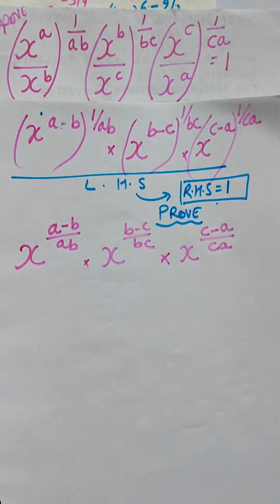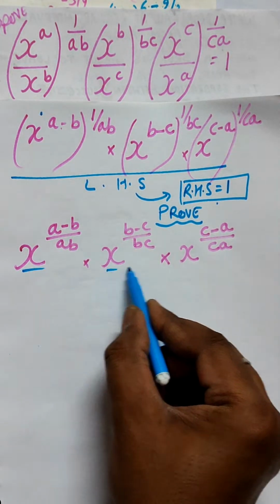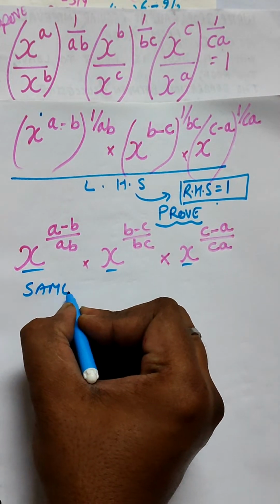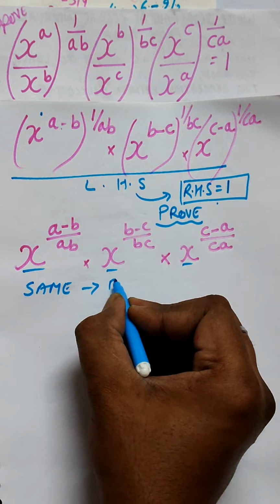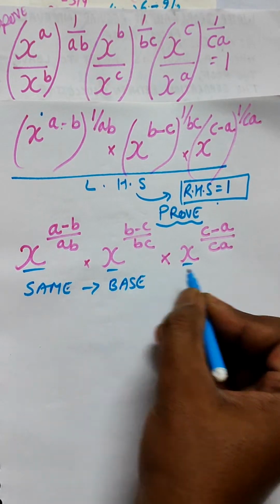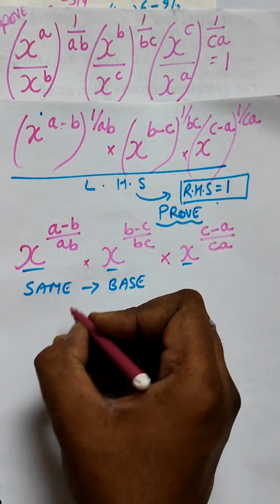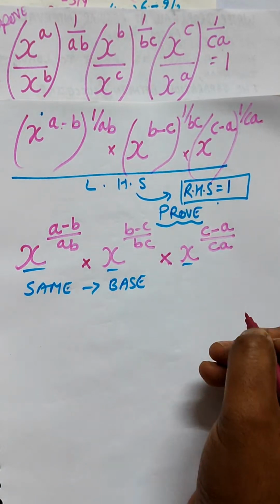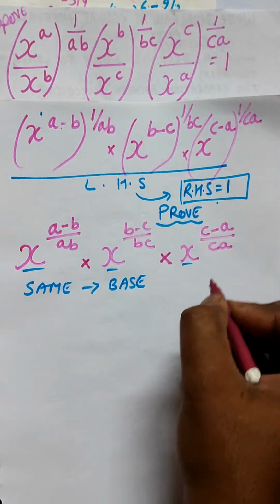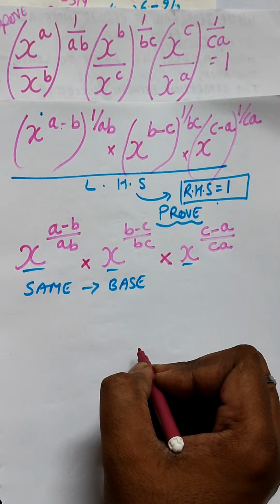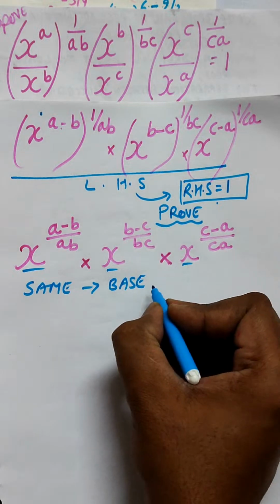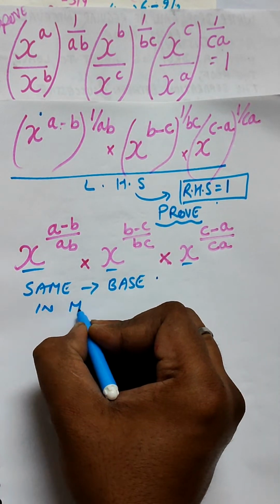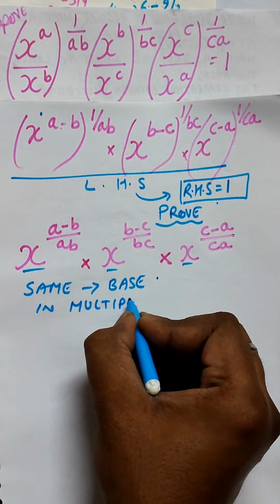You can see the bases are same. Okay, same bases are same. So what we can do, all these are in products multiplied, then all this will be added, same base in multiplication.